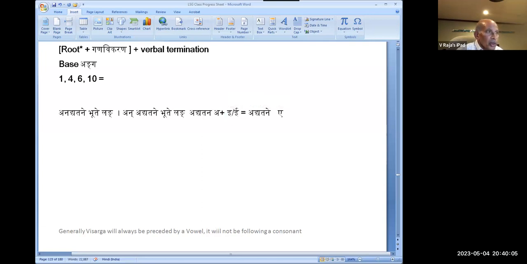It doesn't matter, because it's a nominal, it can't be a verbal ending. It has to be a case ending, soup. If you look at the soup table, it's Saptami Ekavachanam, in. So an adyatane, not today. Adya is today. We have seen that now. Adyadhara to niradhara. An adyatane bhute. Bhuta is past. Bhute, in the past. Whatever happened, not today. So there are three types of bhutas. Past.